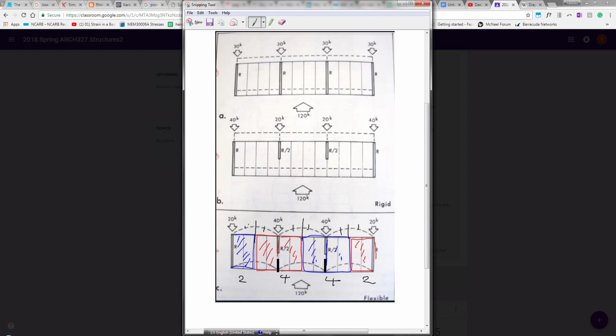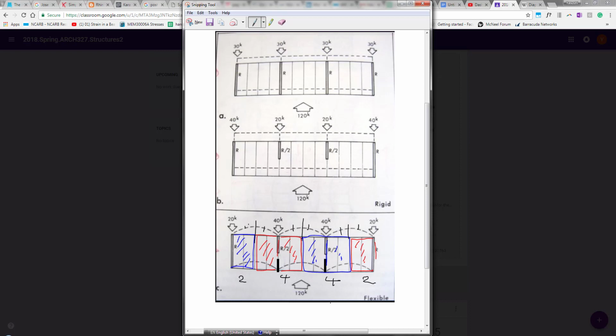If you look at how much bay gets taken care of by each of the shear walls, that's why the resistance here is 40. So if you divide 120 into 2, 4, 4, 2 chunks, it becomes 20, 40, 40, 20.